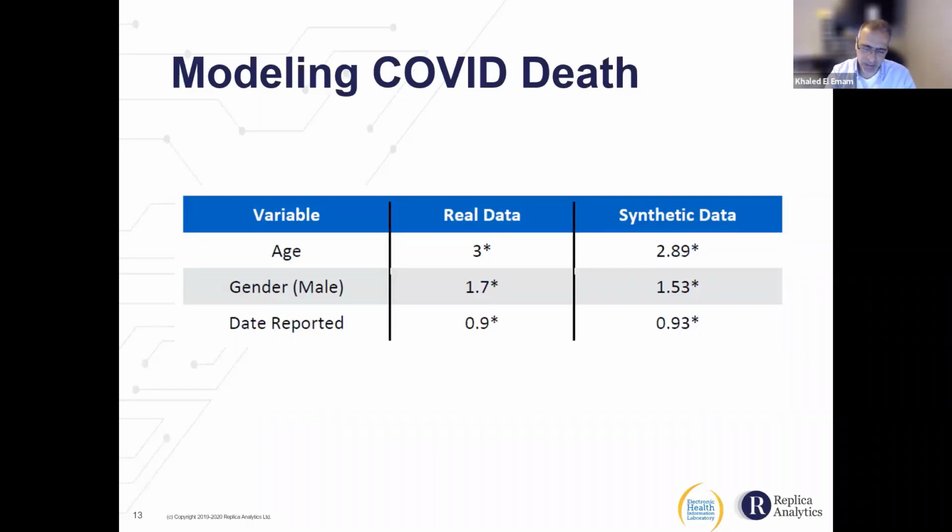Again, we don't expect the odds ratios to be exactly the same, because it's not exactly the same data set, but really the objective is to be able to draw the same conclusions as you would from the original data. And in this particular case, we would draw exactly the same conclusions from the synthetic data as the real data. So that's the next thing: we built a model to characterize death from the synthetic data that's quite similar to the real data.